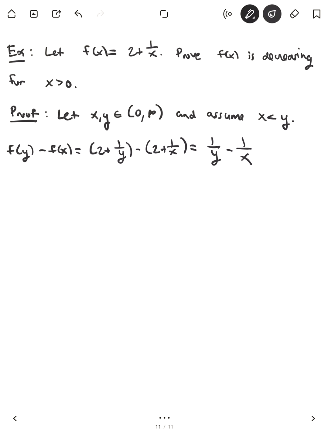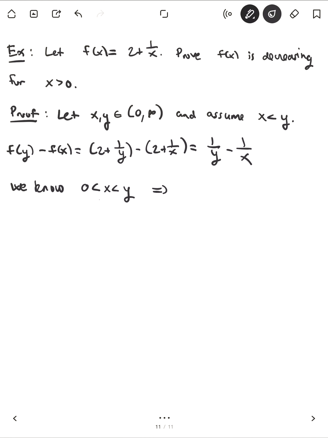We know x is strictly less than y, and they're both strictly bigger than 0.